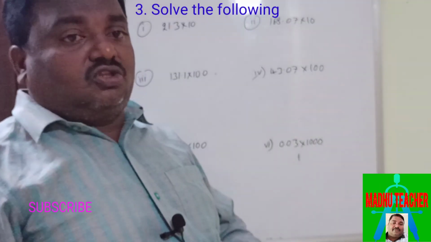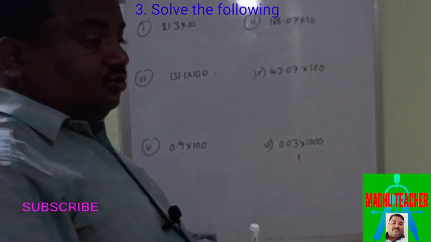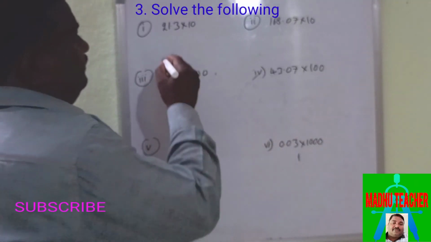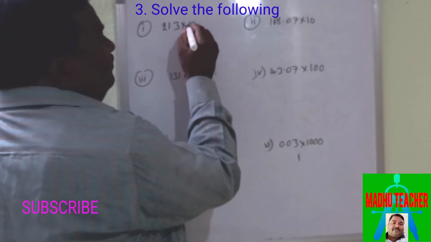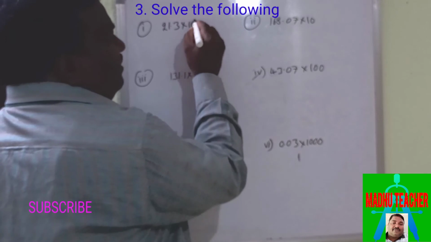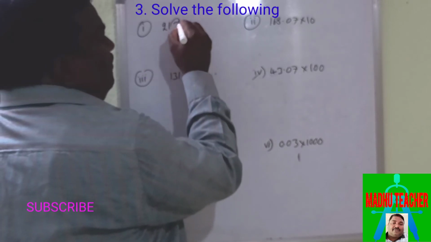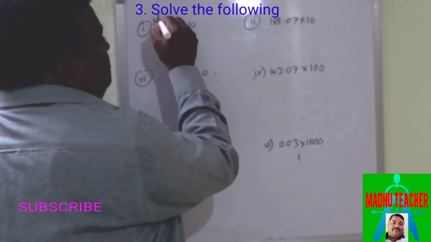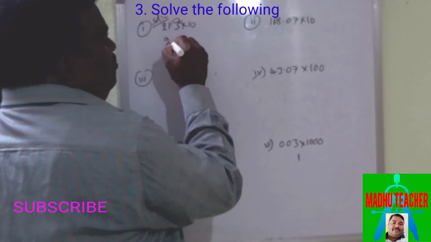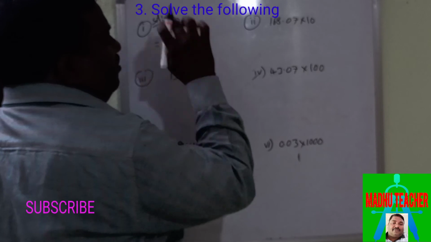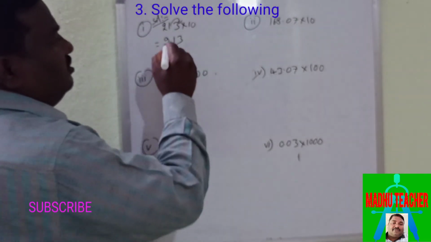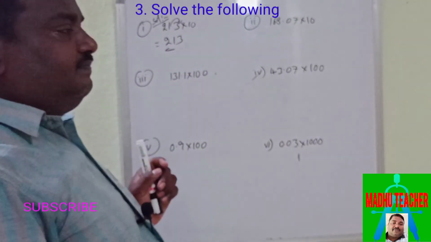Next question, third one. Solve the following. First one, 21.3 into 10. By multiplying with 10, it moves right side one digit, that is 213. No need to put point at last, so that is 213.